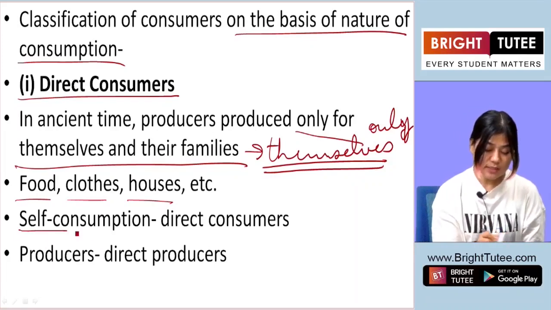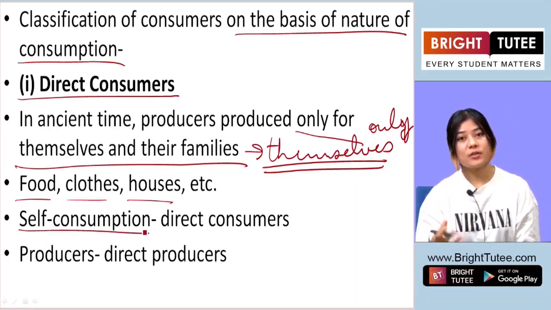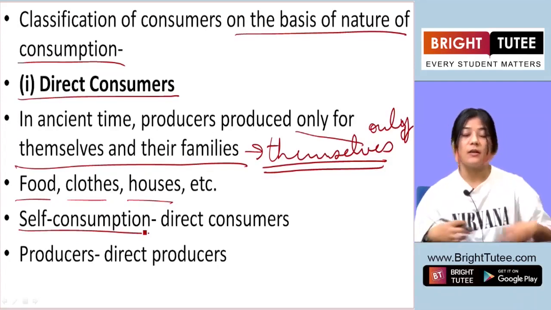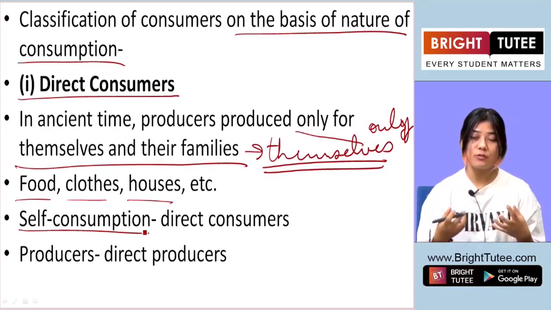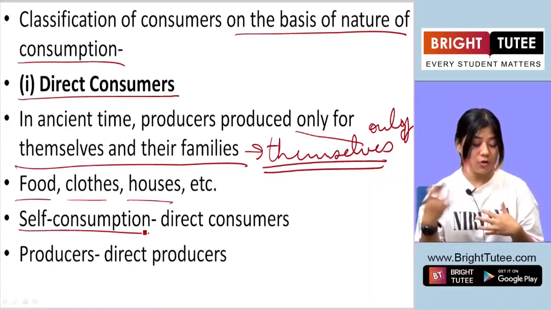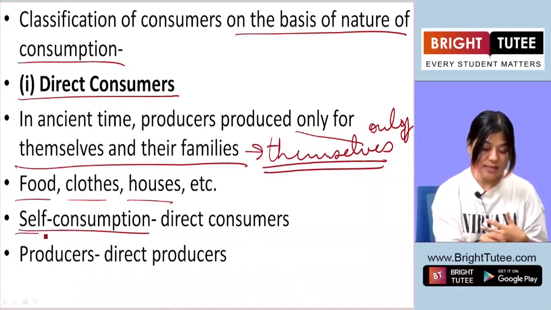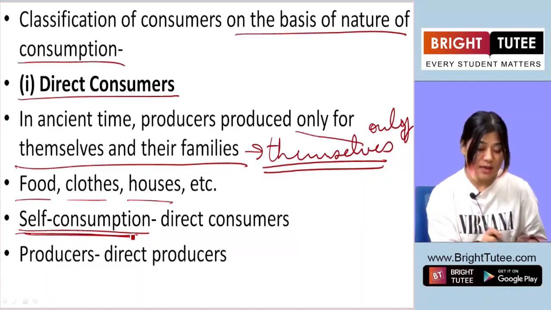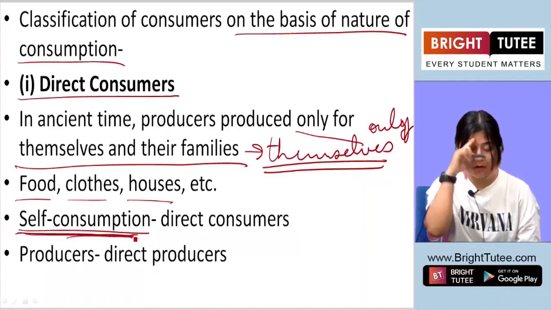So the entire process was self-consumption, because the goods that were produced were for the use of the self. You make it for yourself, not for anybody. So the kind of consumption that took place during the ancient time is self-consumption, okay.